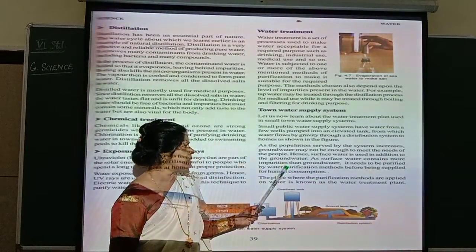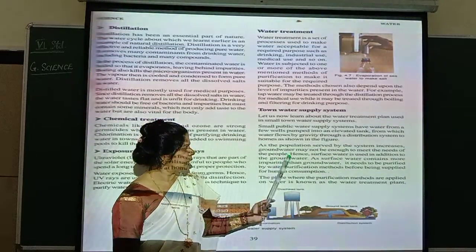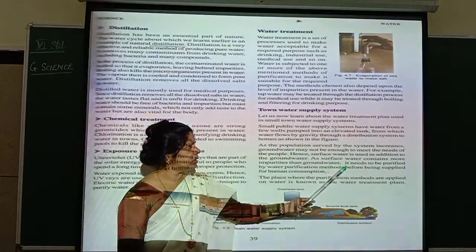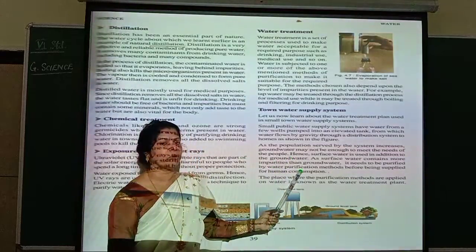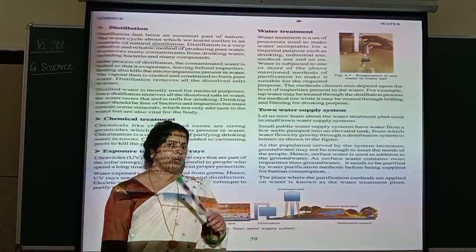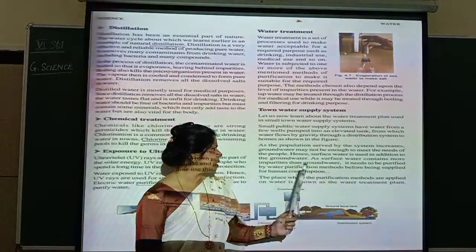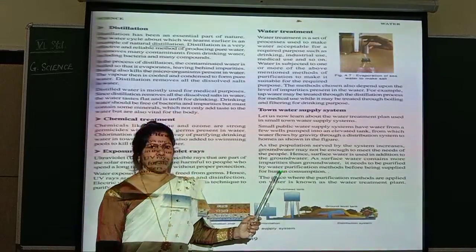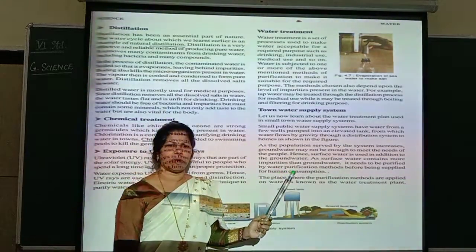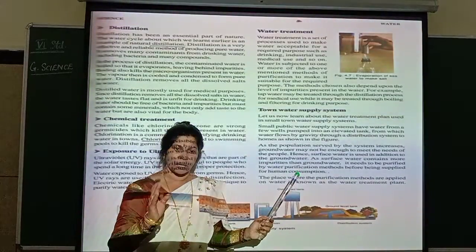Okay, so as surface water contains more impurities than groundwater, it needs to be purified by water purification methods. So definitely this surface water has to go through water purification before being supplied for human consumption. Directly you cannot drink river water, pond water, lake water or sea water.